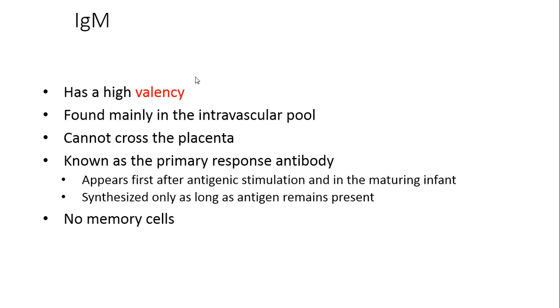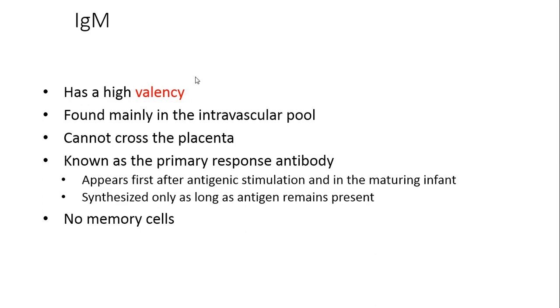IgM has low affinity because it's not a great match. It's not a great lock and key. But once you get 10 of them binding off, the high valency just kind of overrides that weak lock and key bond. So that high valency is super important in the functionality of IgM.